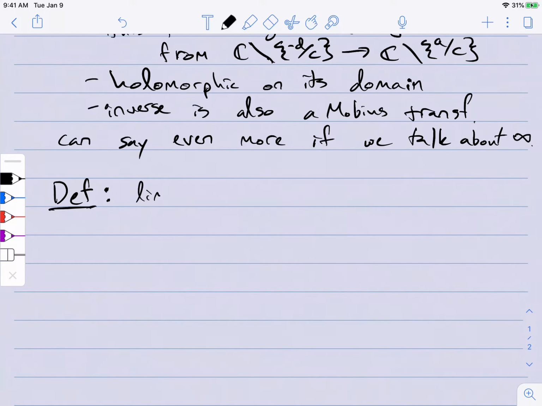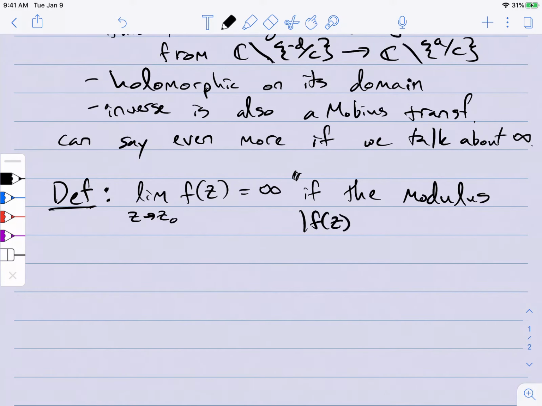So let's say we're looking at a limit of some function as z approaches some z naught. We're going to say that this limit is infinity if, intuitively, the modulus, so the size of f of z, gets arbitrarily large.